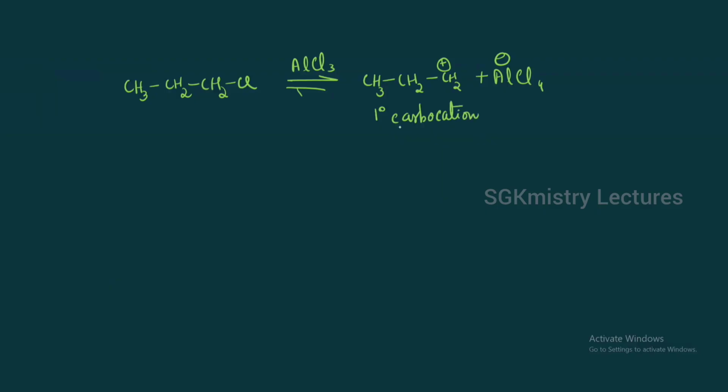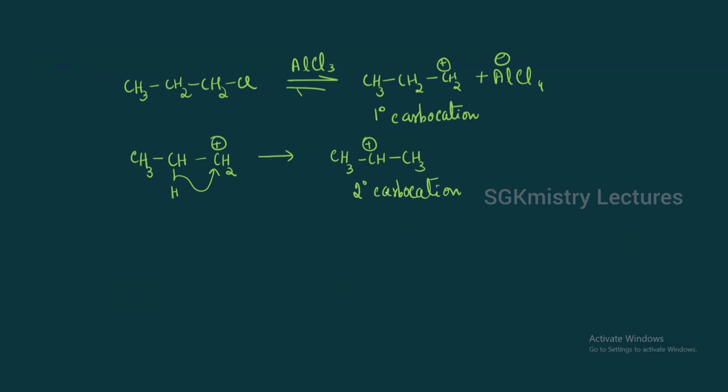Now it can rearrange in such a way that a more stable carbocation, the secondary carbocation, can form from this primary carbocation. How does it take place? Let us see CH3, and now this H can be written in this way, here CH2 plus. Now this can shift here, because of which you get CH3, CH with the plus charge, CH3. This is nothing but the secondary carbocation, right? Now this secondary carbocation will go and attack the benzene ring.